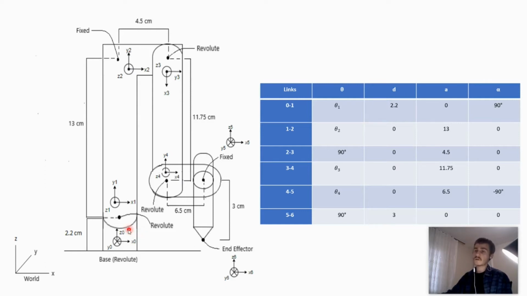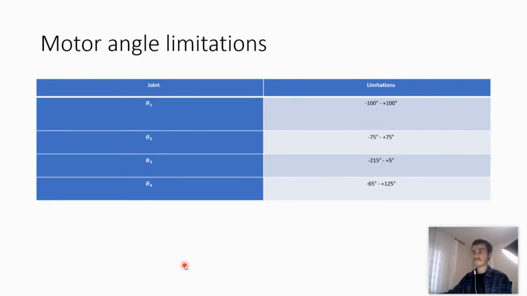Because of this, each motor has limitations, and these limitations are important because in the simulation environment we need to consider them to get a correct simulation, as given here. The motor angle limitations are given in this table. For example, the limitation of the base revolute joint is between -100 degrees and 100 degrees.